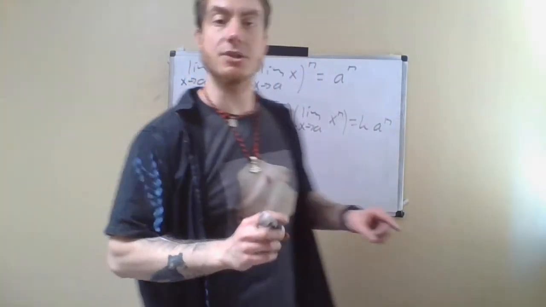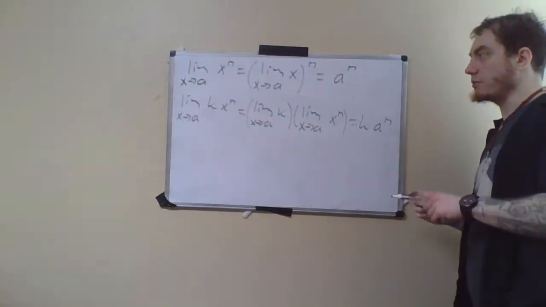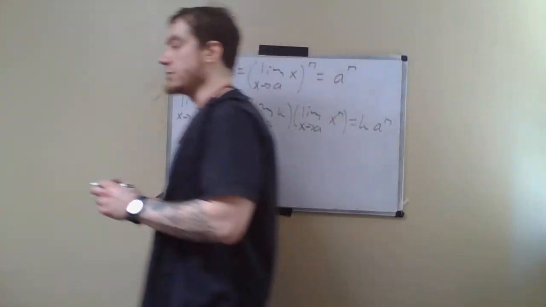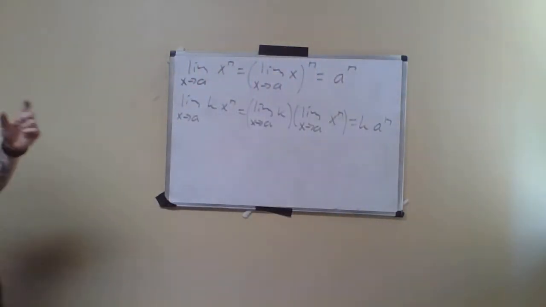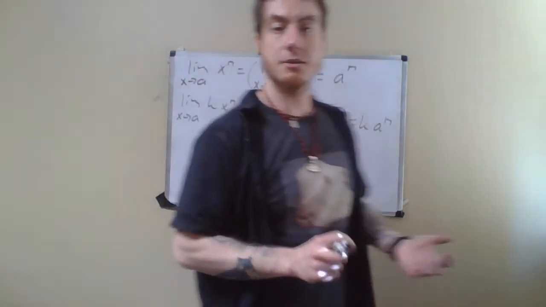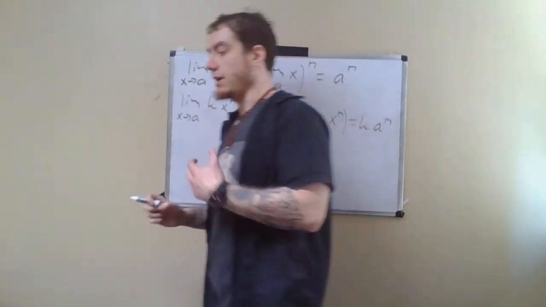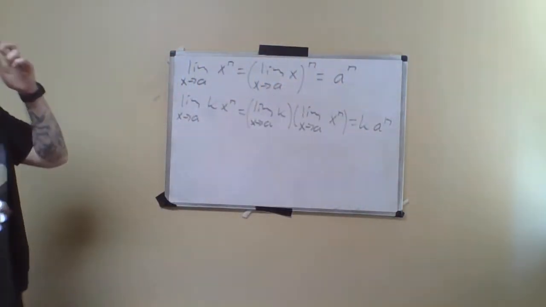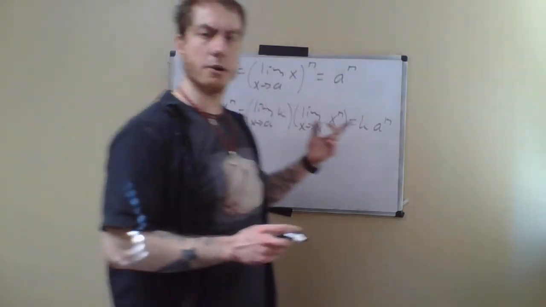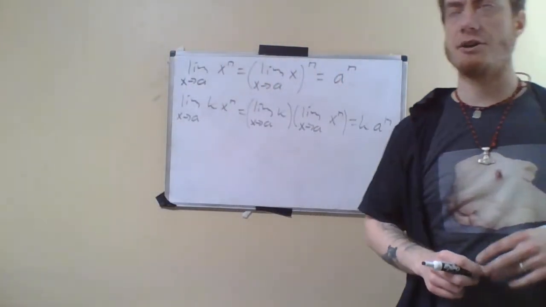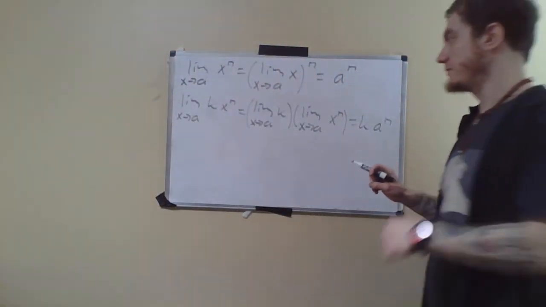And then we use the sum law that we wrote down before for limits. That's the rule that says the limit of a sum is the sum of the limits. It's sometimes called the sum rule. And then the others are called the product rule, the quotient rule, and the difference rule for subtraction.